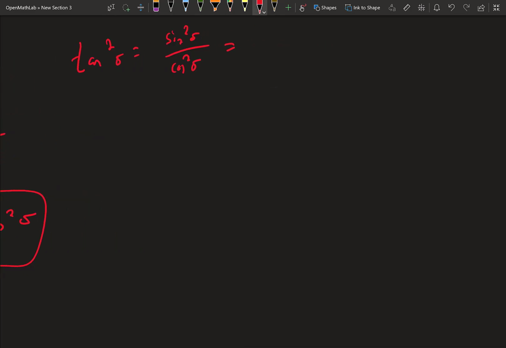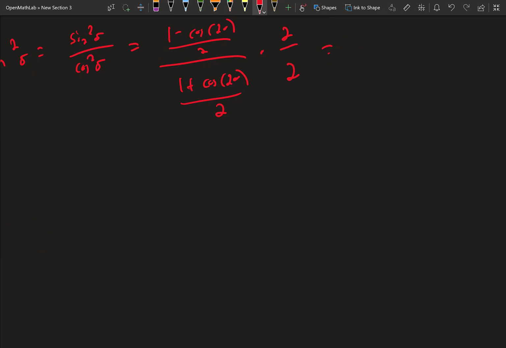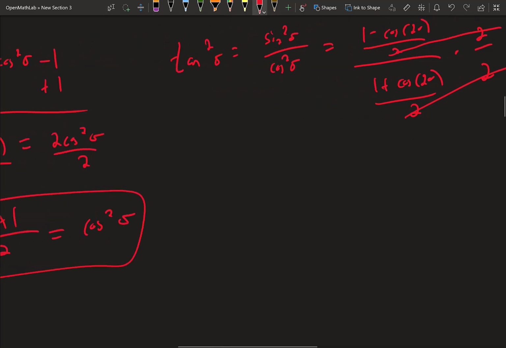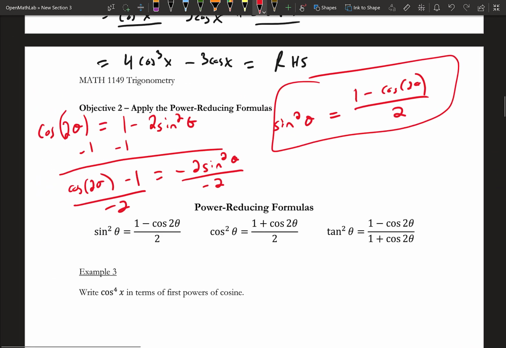So we would have 1 minus cosine of 2 theta all over 2, all divided by 1 plus cosine of 2 theta all over 2. And then I can multiply the top and bottom by 2. So these cancel out. So what we're left with is 1 minus cosine of 2 theta divided by 1 plus cosine of 2 theta. Right, which is the formula that we have, right? So we can easily come up with those formulas.